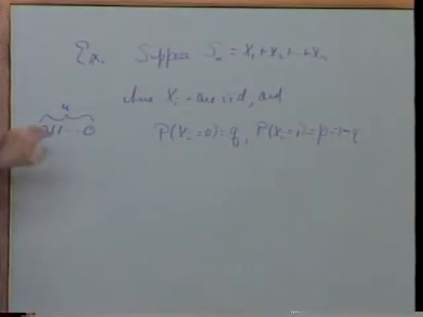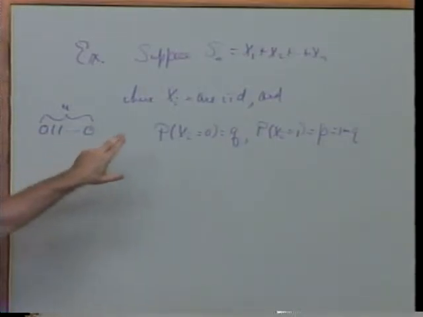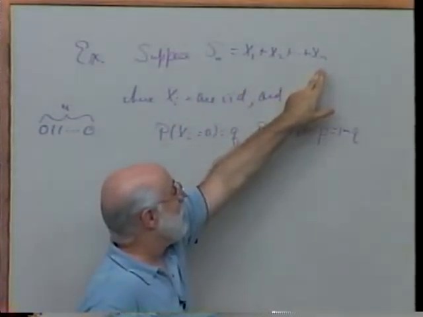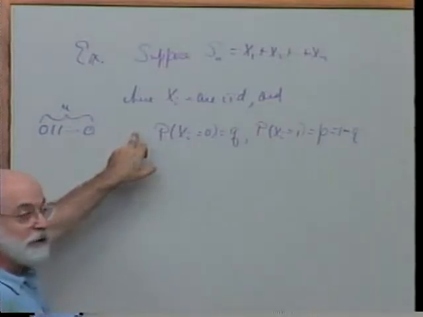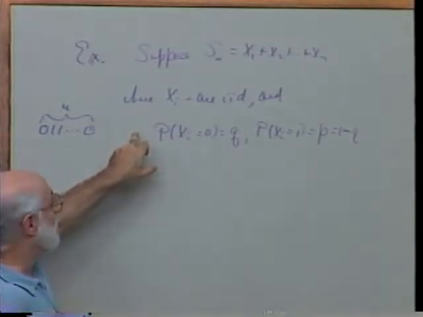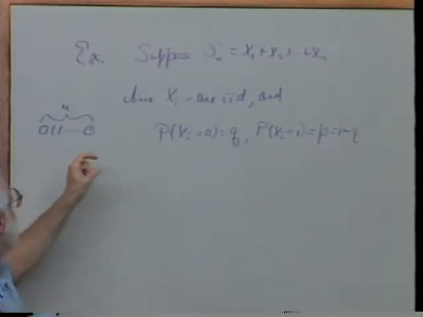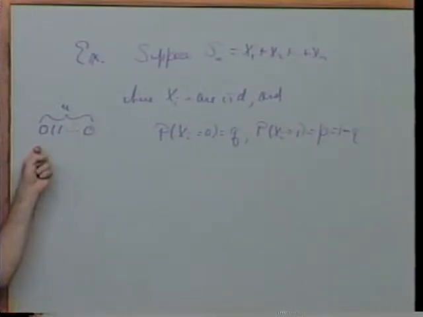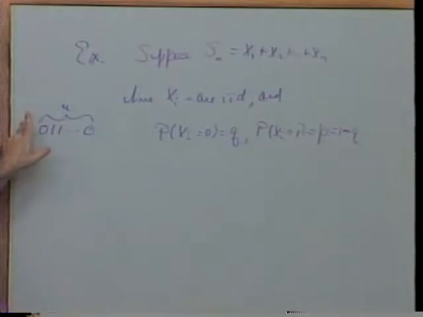And so the sum of the values is the number of 1s. So the sum of a bunch of IID Bernoulli variables corresponds to the distribution of the number of successes, or the number of 1s I would get if I had a sequence of n independent trials.